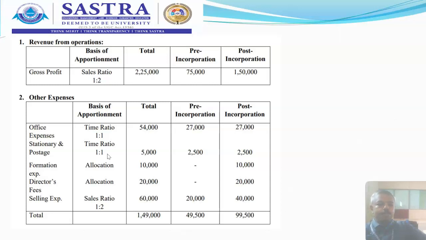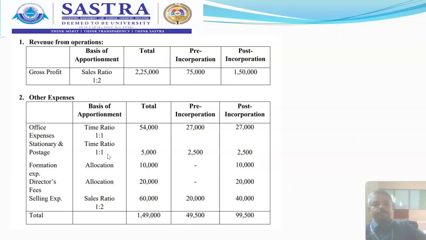Next, I asked you to take all the indirect expenses. Now, office expenses, time ratio 1:1, 54,000 per annum. And if you apportion this, it comes to 27,000 and 27,000. Stationery and postage is again based on time ratio. So 1:1, the 5,000 is allocated to pre-incorporation period 2,500 and post-incorporation period 2,500.